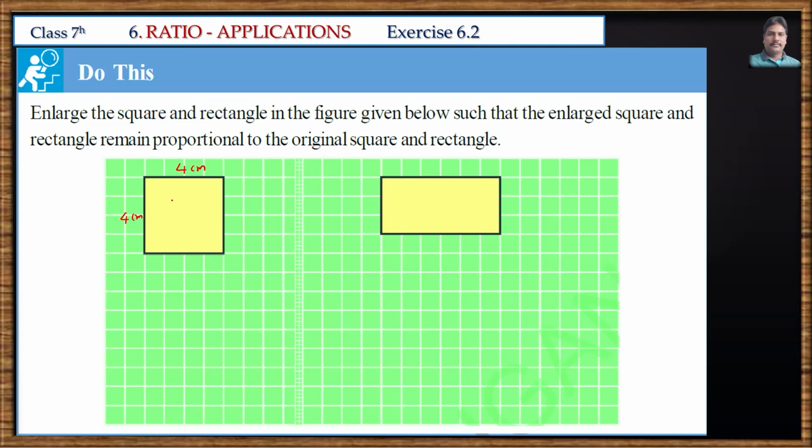So, now we will calculate the ratio. 4:4 is equal to 1:1. 4 ones are 4. Now, we will draw another square. It is proportional to this square. I will double this length. That means I will take the 8:8 square.